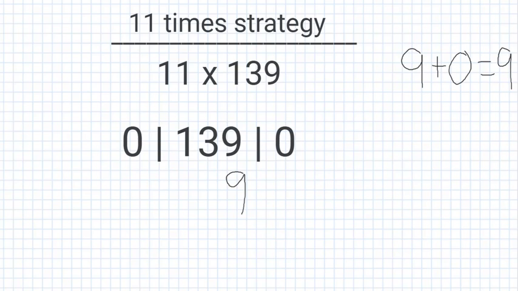Now let's move on to the next number, which is 3. And then 3 plus 9, because 9 is the number towards the left. So 9 plus 3 is 12. And 12 is a 2-digit number. So here's where you'll need to carry over. Whenever you have a 2-digit number, you need to carry over.